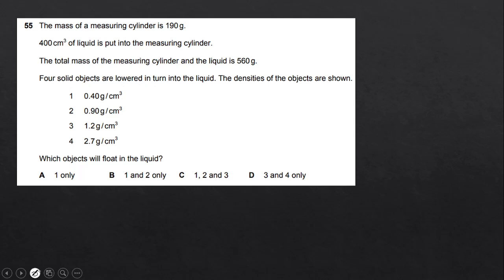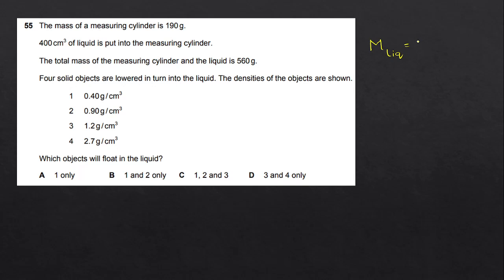So in order to find out which object floats in the liquid, we have to find out what's the density of the liquid. In order to find the density of the liquid, we need the mass of the liquid added and we need the volume of the liquid. Mass of the liquid is pretty simple to find. Before adding the liquid, the mass was 190 grams, and after adding the liquid, the mass of the measuring cylinder and the liquid was 560 gram.